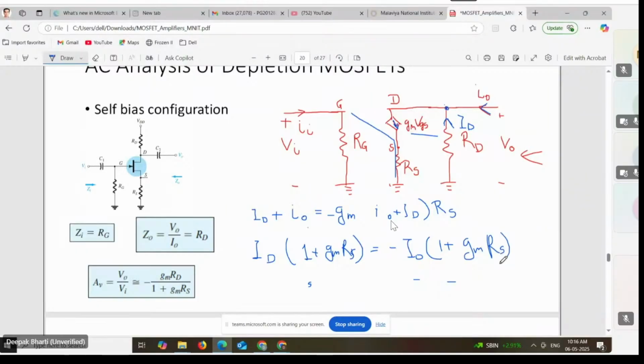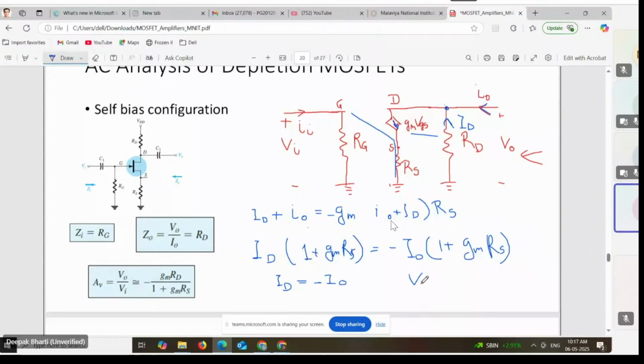So what did we obtain? ID is equal to minus I naught.